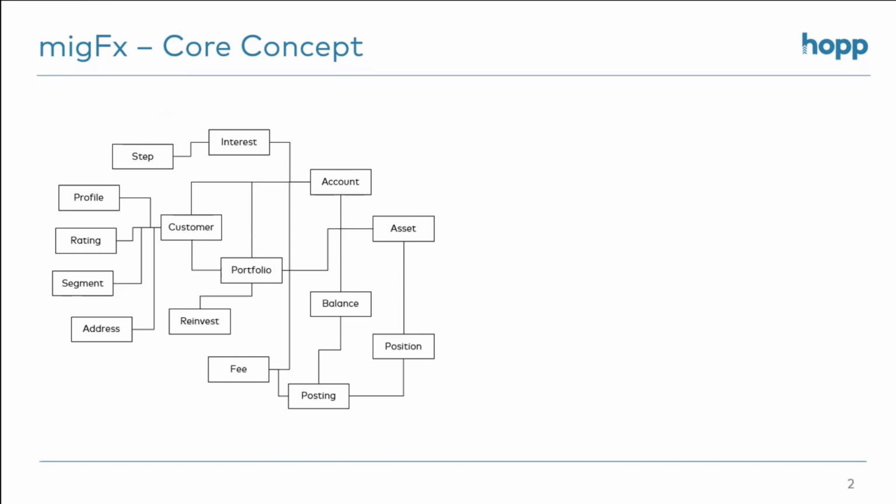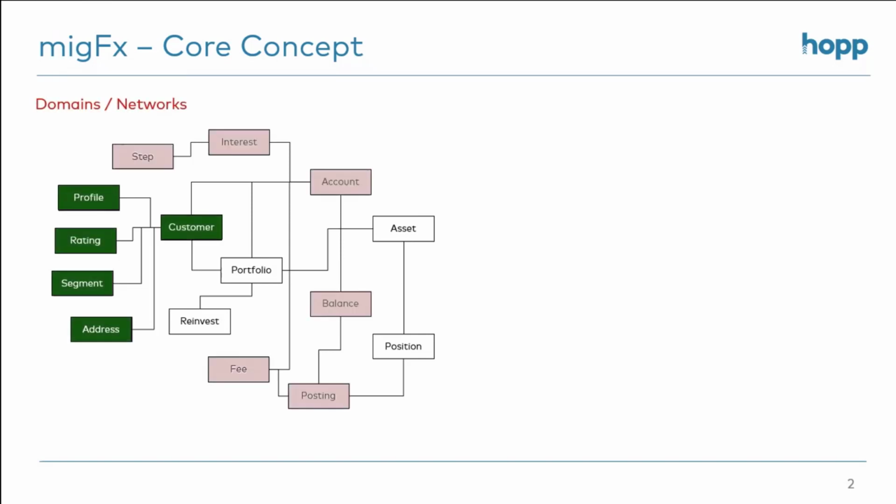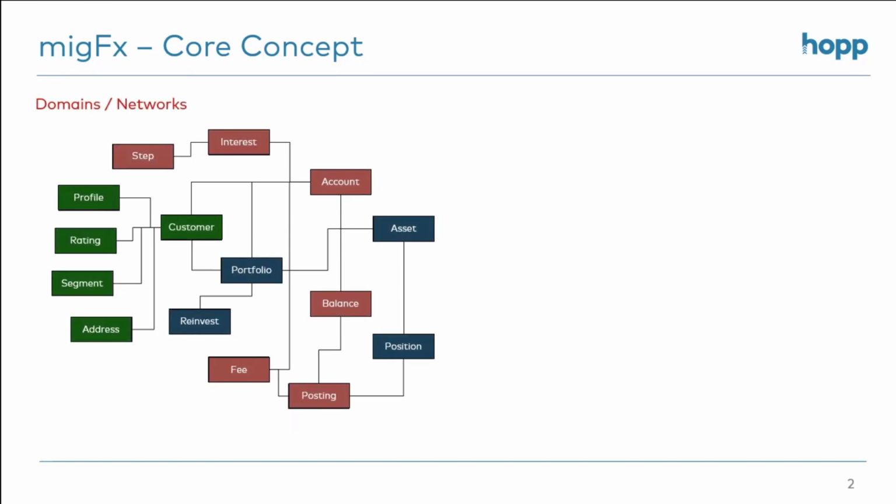Here we're looking at some sets of data in some kind of data model structure. It's not so important. There's quite a few boxes, quite a few data sets here, but they tend always to be organized into domains or networks that are more related to each other than they're related to other stuff.